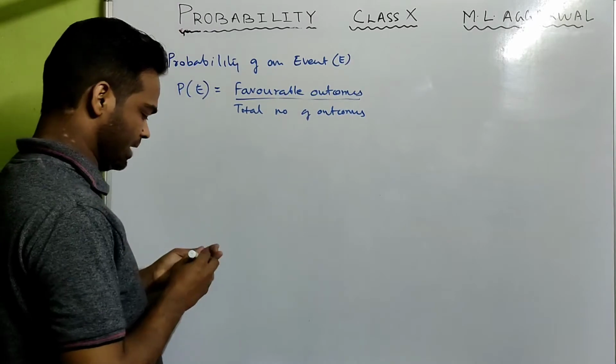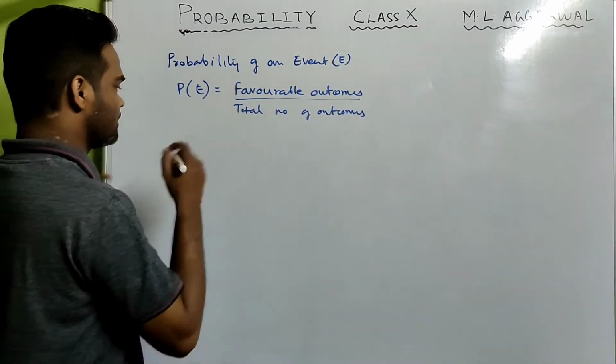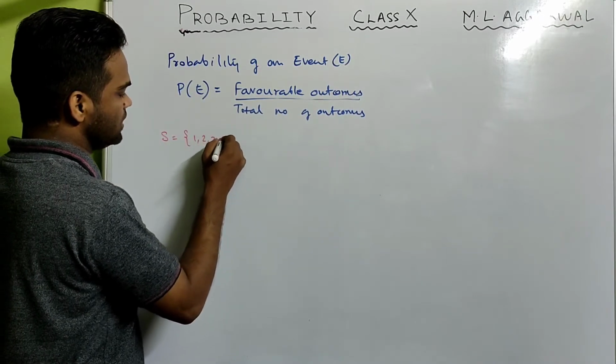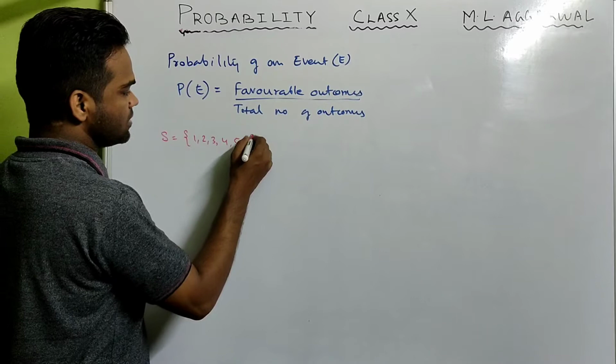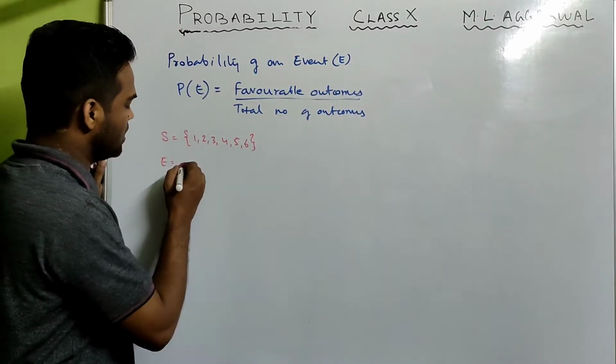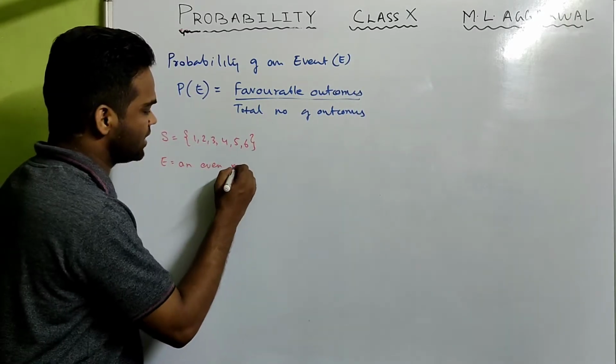Take a very simple example. Suppose I throw a dice, so the sample space is 1, 2, 3, 4, 5, 6. What is the probability of getting an even number? So your event is an even number.